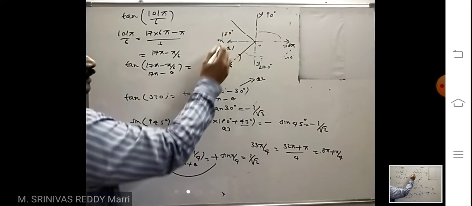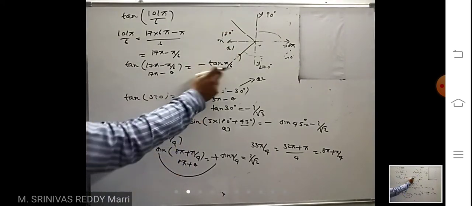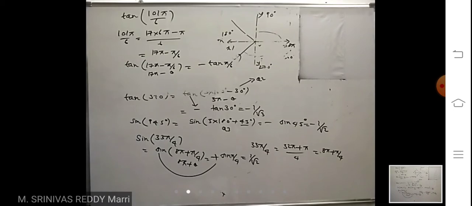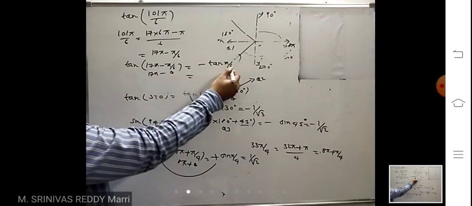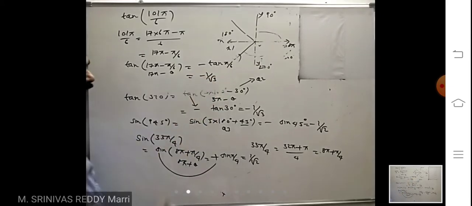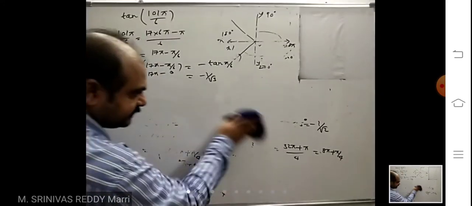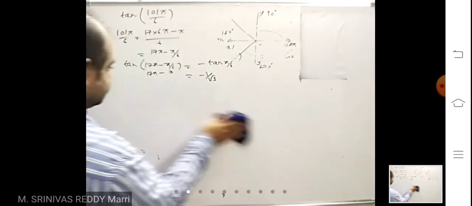So in second quadrant tan is what? Minus. So minus tan pi by 6. That is the answer. Tan pi by 6, you know, tan 30, 180 by 6, that means minus 1 by root 3. Like that, you can easily write all the values.